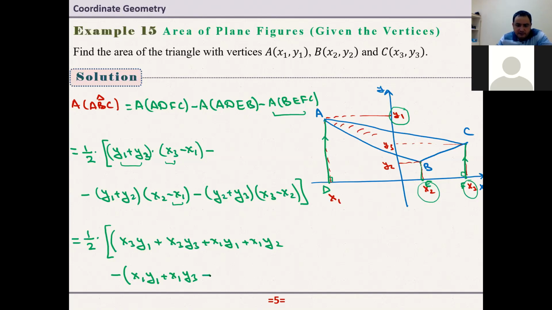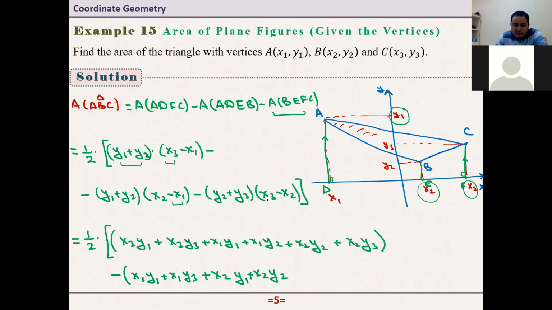So I'll write it here. x2, y1, plus x2, and here we have y2. Okay, the last one, here we have, if you multiply this minus x sub 2 by this expression, because of this minus, it will be plus. So here we have plus x sub 2, y sub 2, plus x sub 2, y3. I can close the bracket now.